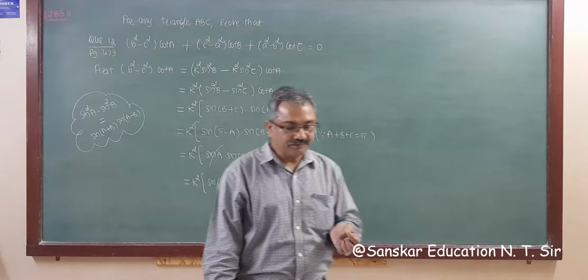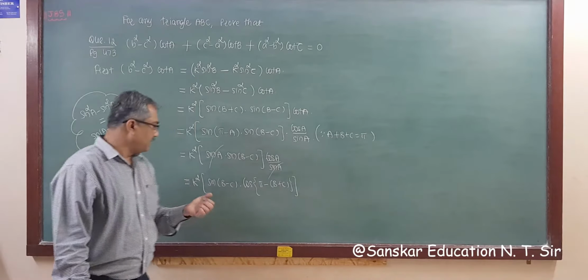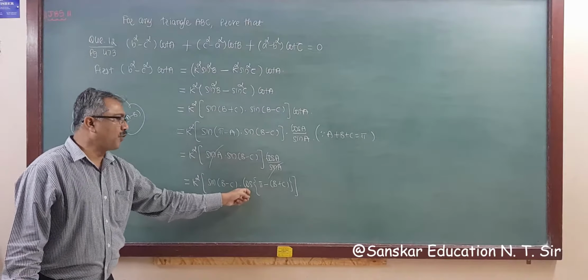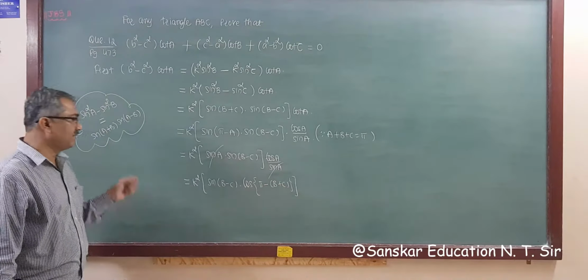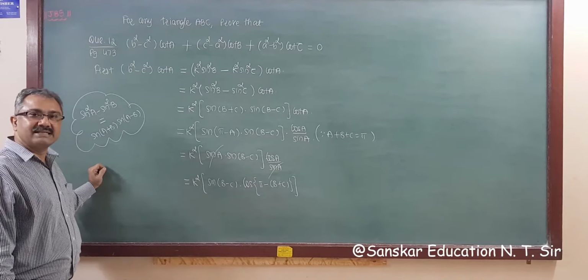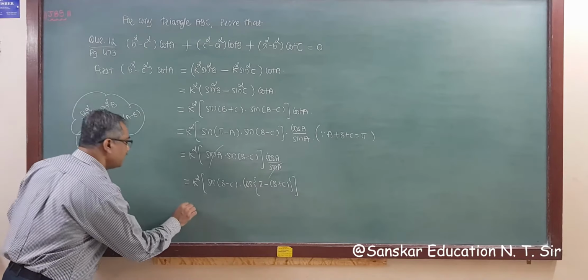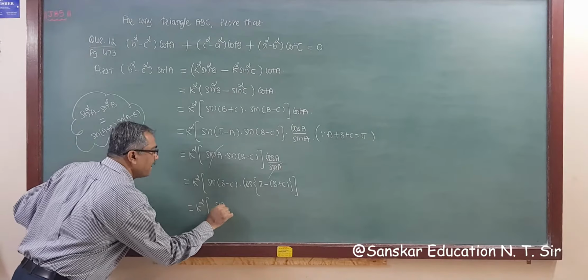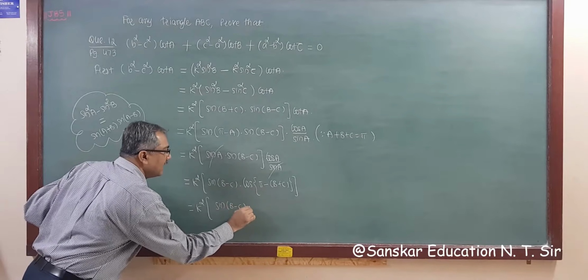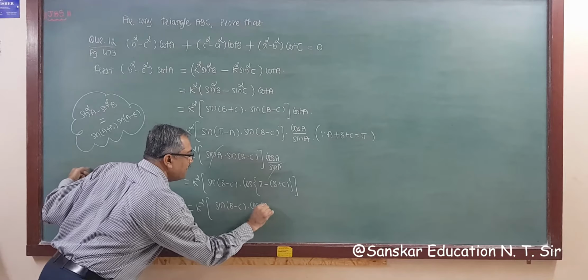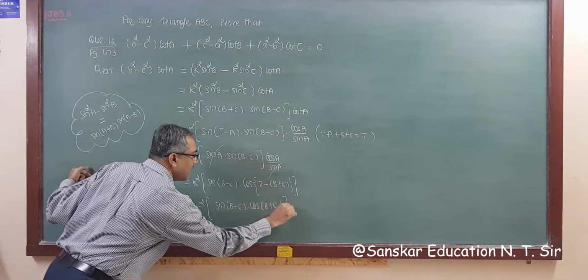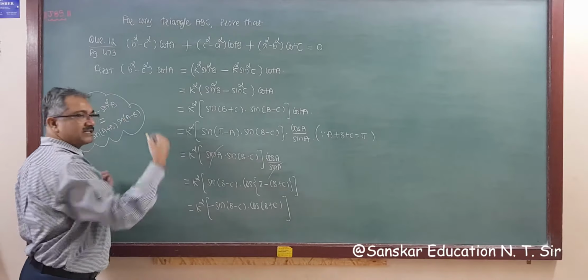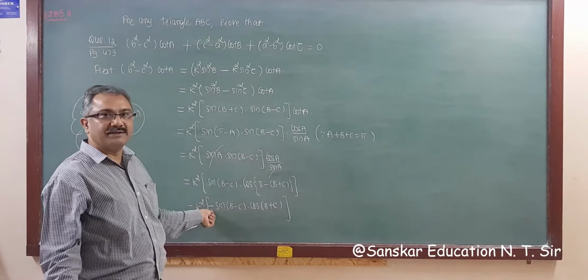So cos (pi minus theta) is minus cos theta. So this is k square sine (B minus C) into cos (B plus C), but this is minus, so I am writing minus here.